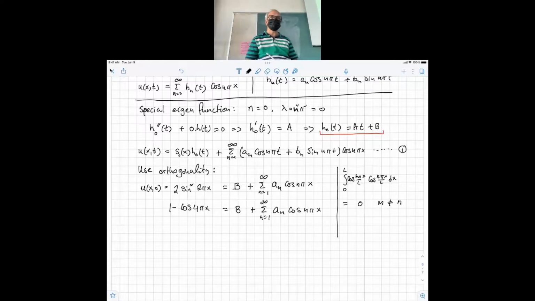And if m is equal to n, then it is half of the interval, L over 2. And remember, m equals n equals 0 is a special case.